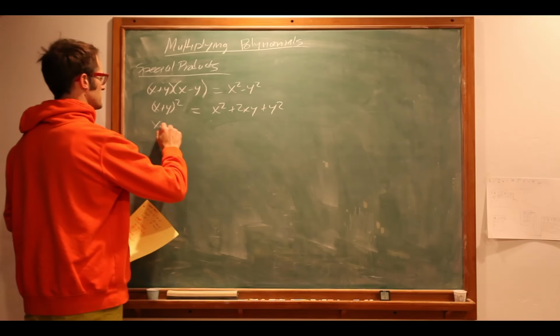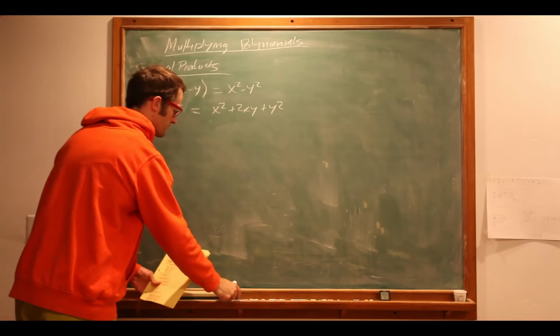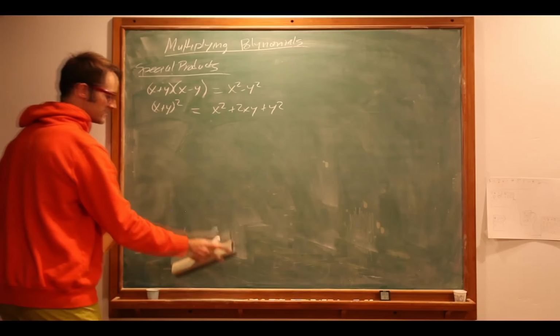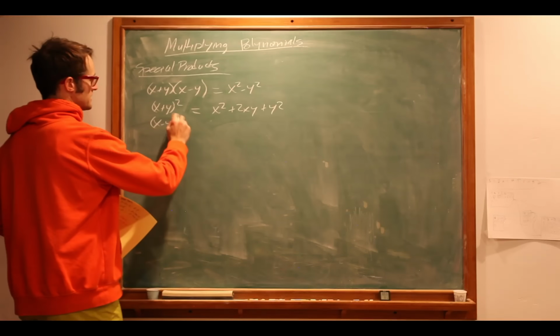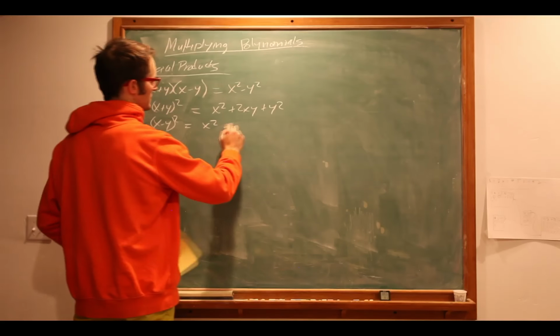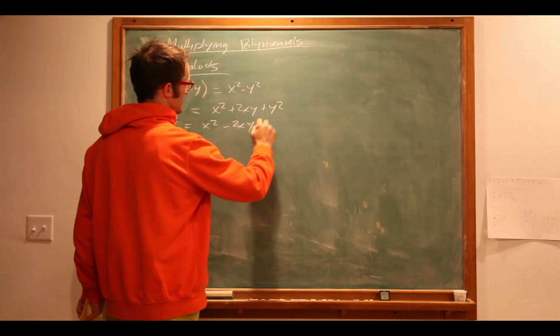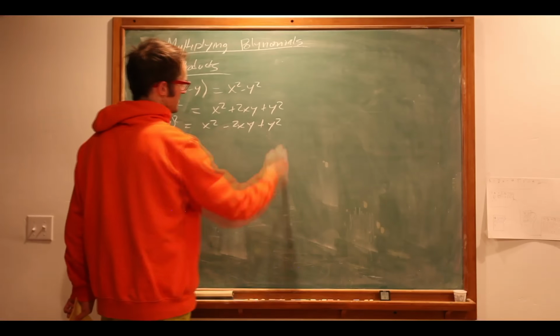And then this, oh, why do I keep writing it backward? It looks like y in my brain. x minus y squared equals x squared minus 2xy plus y squared.